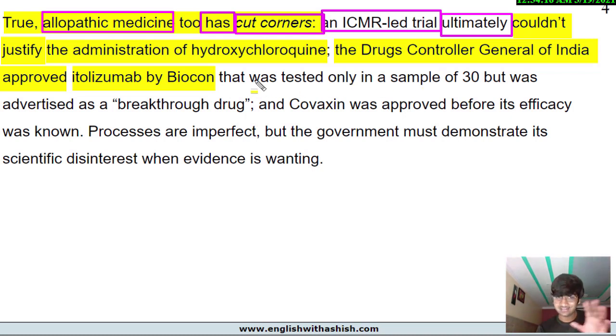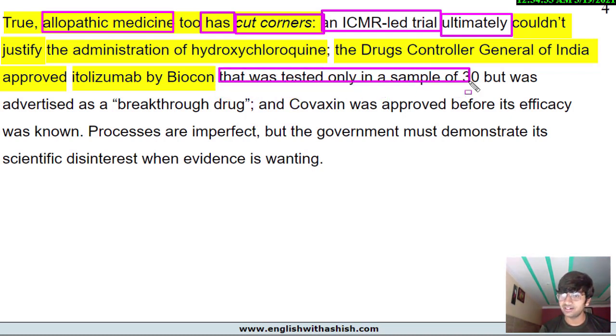What was tested? This medicine, this drug was tested only in a sample of 30. So that was tested only in a sample of 30 is an adjective clause modifying the noun itolizumab, right?